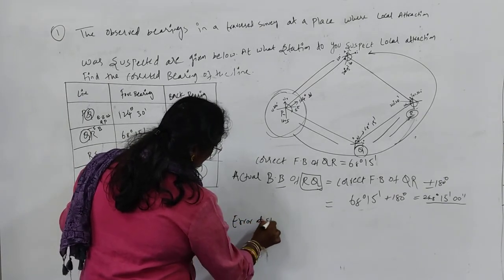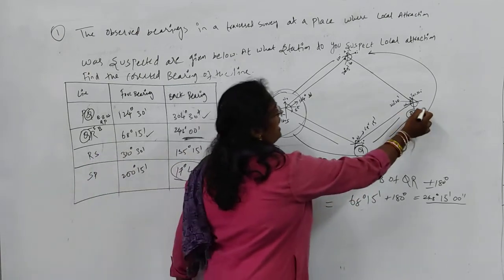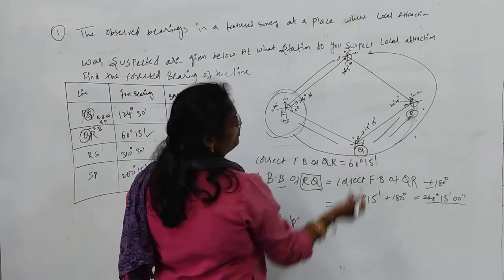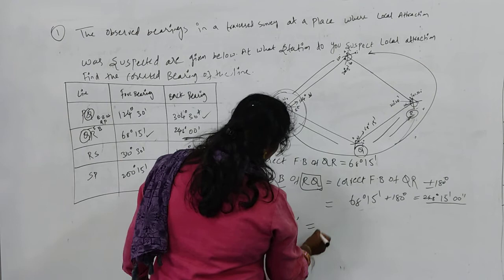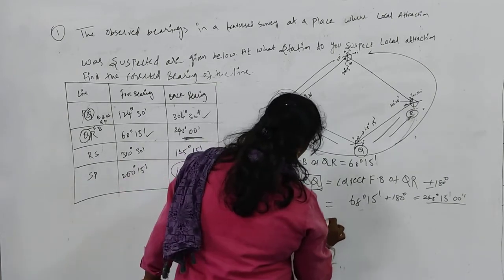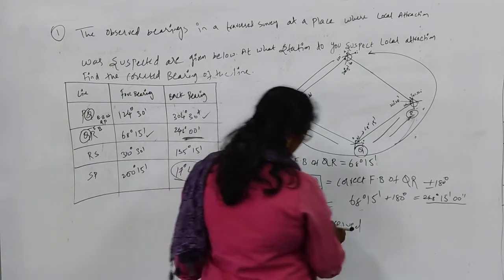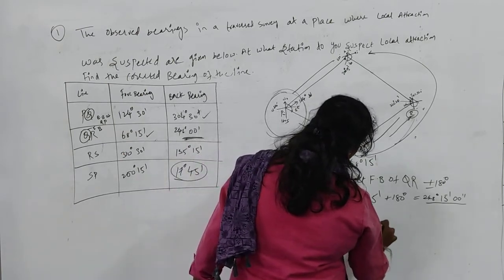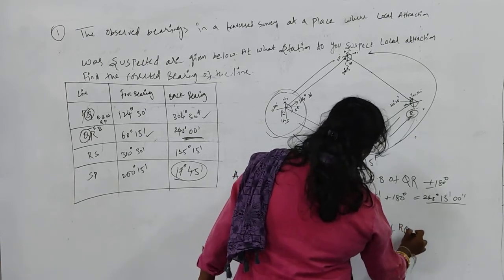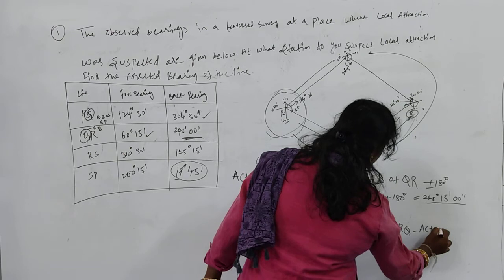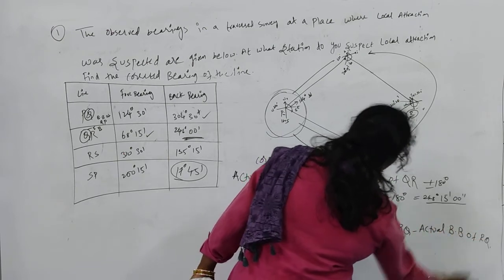Error at station R. Now we are standing at R, and P and Q both are free from local attraction. Remember this, whatever formulas I am giving, please follow that. Error equals observed back bearing of RQ minus actual back bearing of RQ.